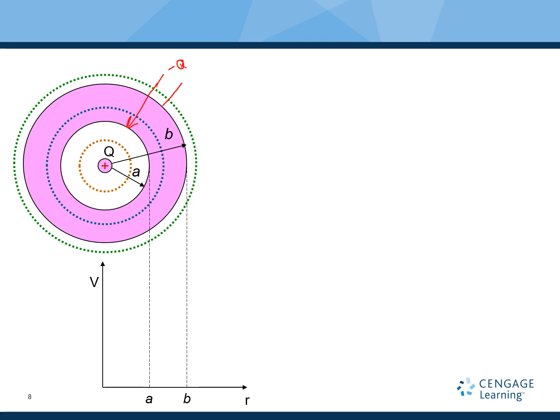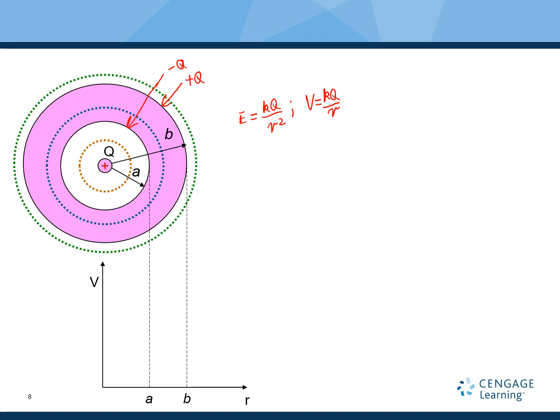On the outer boundary of the shell, we have a charge of plus q. We also have an electric field in the exterior region given by kq over r squared. And correspondingly, we also have a potential which is equal to kq over r.